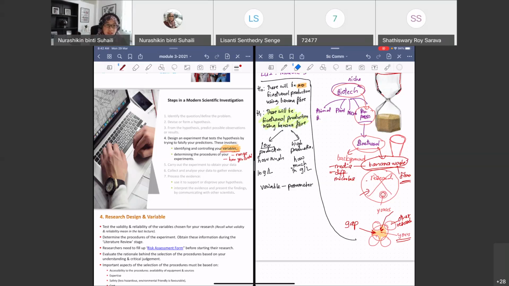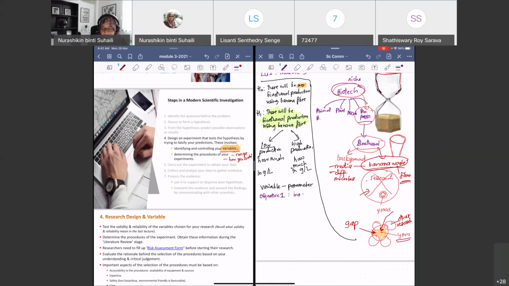That is when you set the objective. First you have to set the objectives, and from there you can know what are the variables that you want to control. Let's say for objective 1, you want to study the effect of inoculum density.